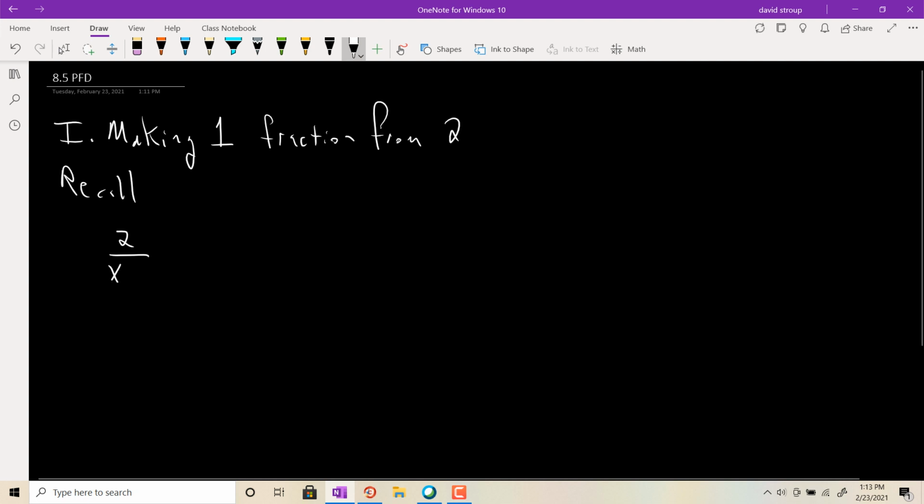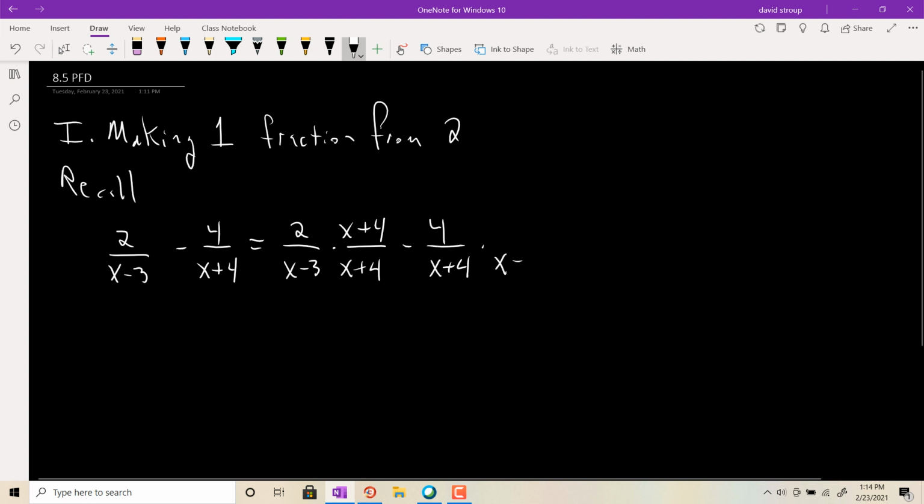Maybe you'd have 2 over x minus 3 minus 4 all over x plus 4 or something of that nature. To add them together, you have to find a common denominator. For the first one, you multiply top and bottom by x plus 4. For the second one, you multiply top and bottom by x minus 3.